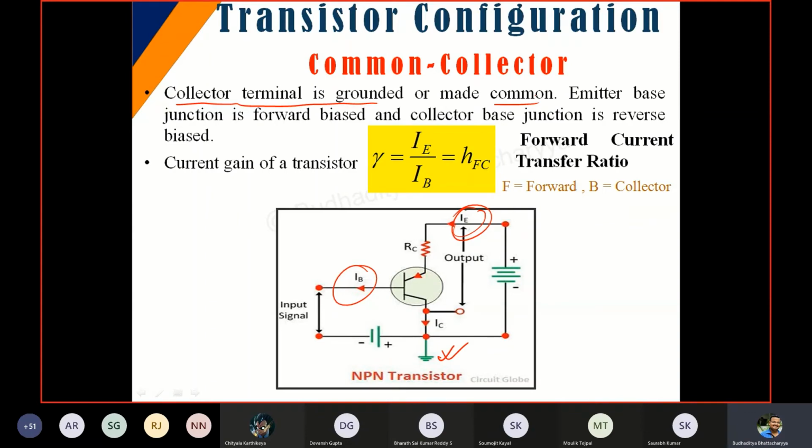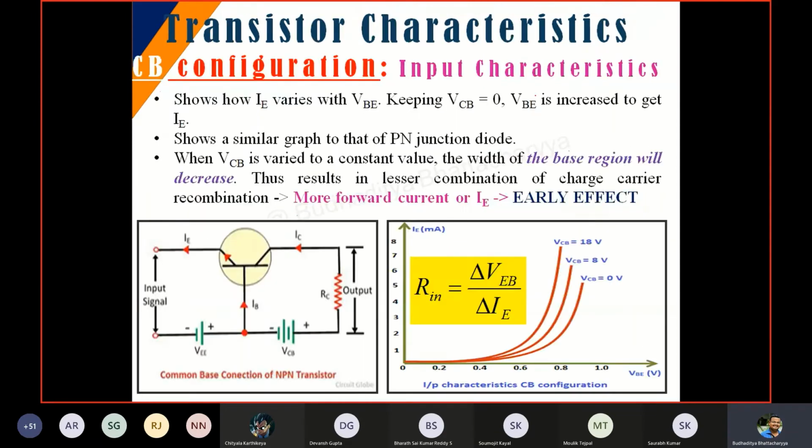I just wanted to recap again because this is the base at which we start our discussion today. Based on these three configurations, starting with the CB configuration, we need to understand its input and output characteristics. Why is it important?